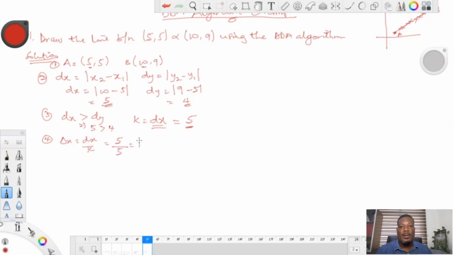So we have 1 as the change in x. The change in y is dy over k, which is 4 over 5, giving us 0.8. Alright, so we have change in x equal to 1, and change in y equal to 0.8.